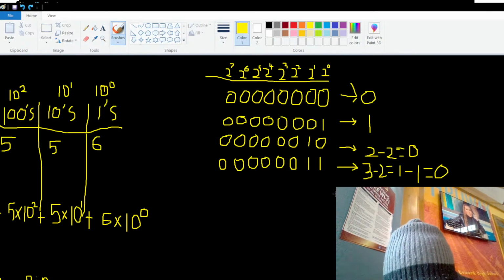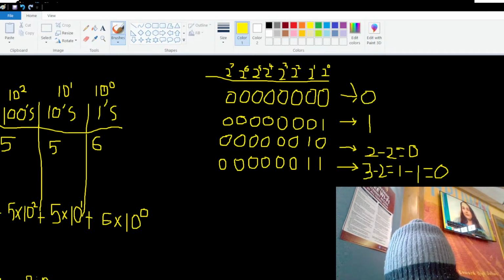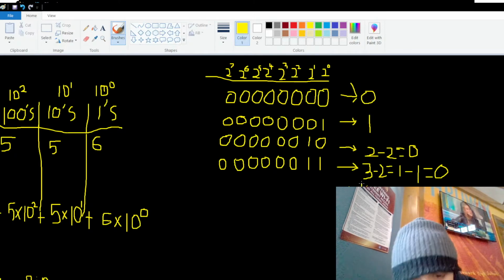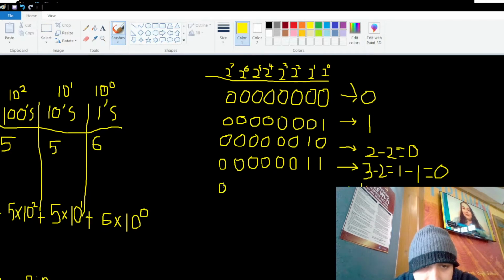Let's try 4. We don't really need to think about even these: 2 to the 7, 2 to the 6, 2 to the 5, 2 to the 4. 2 to the 3rd, that's 8.